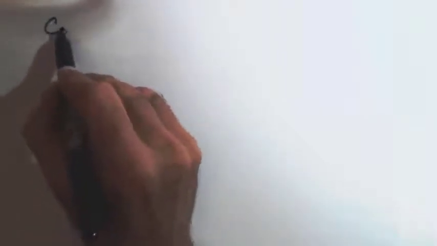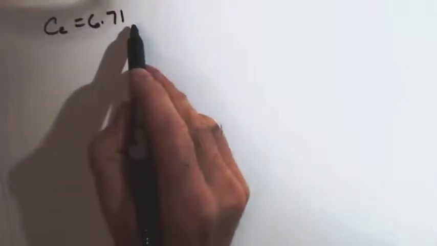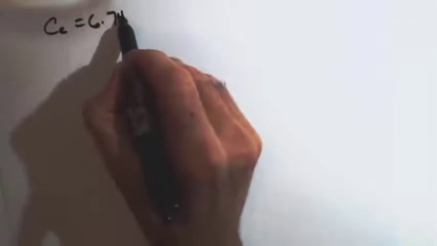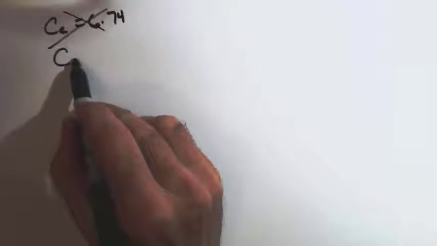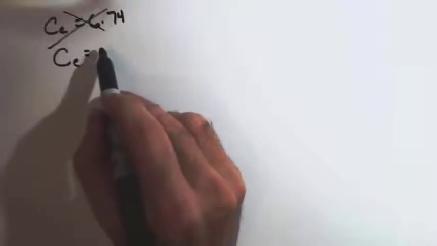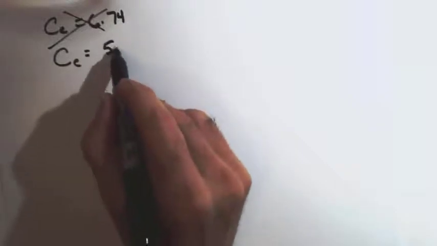It's the same example, except before, the appropriately priced call was $6.74. Now, for some reason, the call actually trading on the options exchange is $5. So there's a mispricing of $1.74.